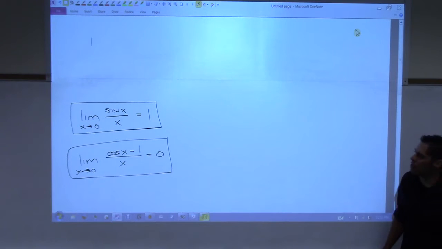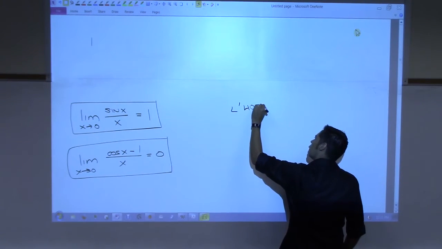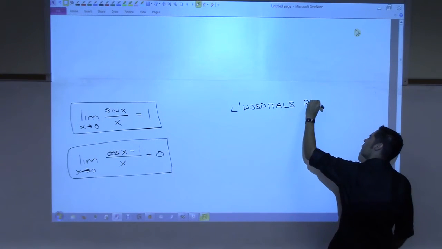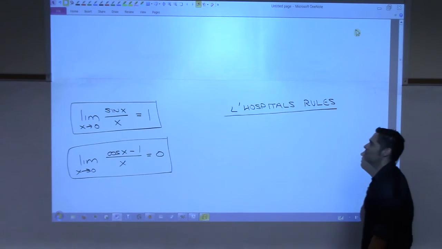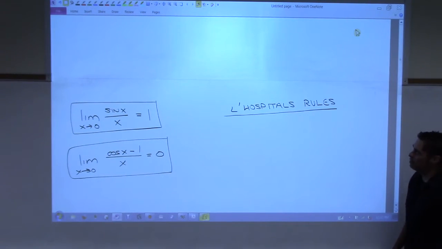3.7 is a section entitled L'Hospital's Rule. It's actually pronounced L'Hôpital.